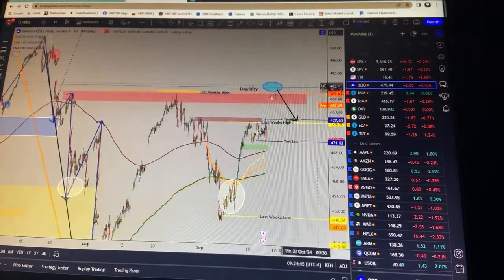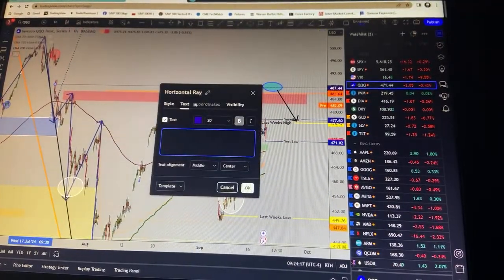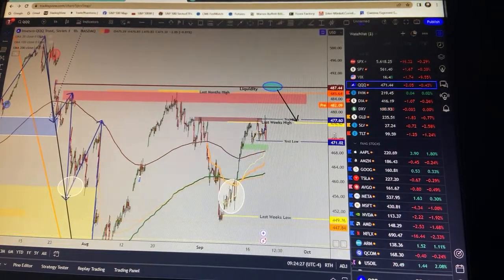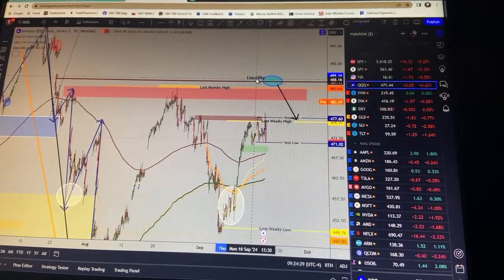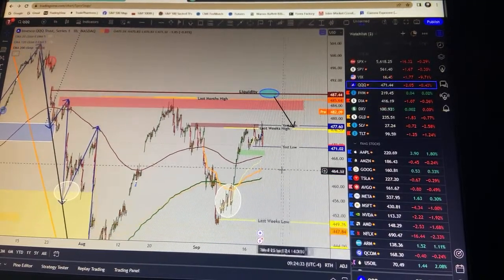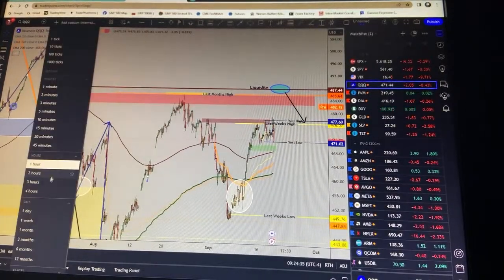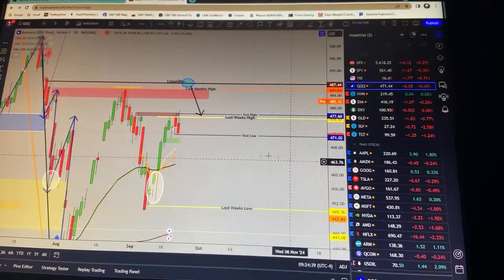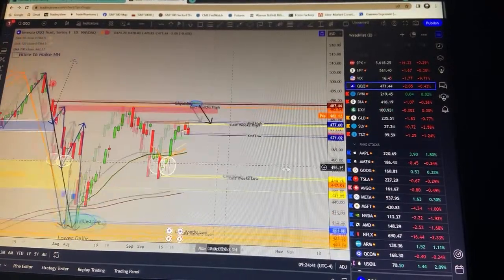So that 487.44 is going to be a trap level for liquidity, all right? Just for a potential mean reversion, 487.44.